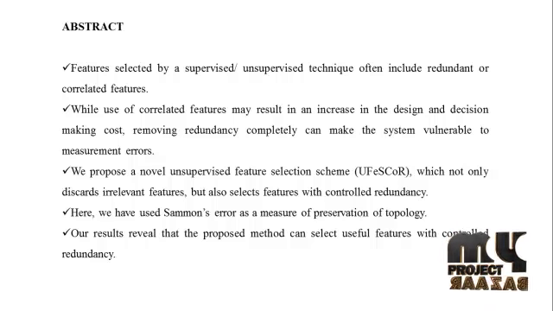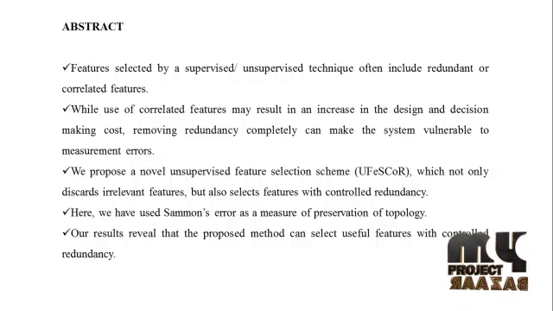features. We propose a novel unsupervised feature selection scheme which not only discards irrelevant features but also selects features with control redundancy. Here, the number of selected features can also be directed.